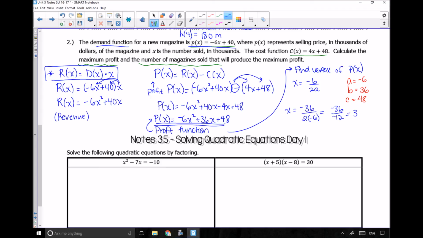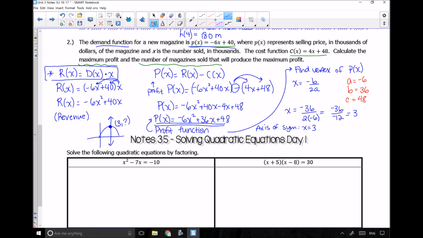So my axis of symmetry occurs when x equals 3. Whenever we have any type of function, our axis of symmetry always goes through our vertex. So this is going to be 3 comma something, but what is that something? What's the corresponding y value?